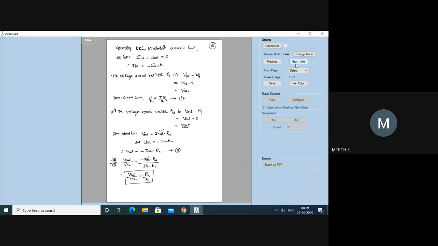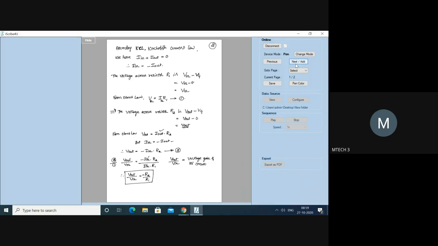Very important: Vout by Vin is equal to the voltage gain of the circuit.